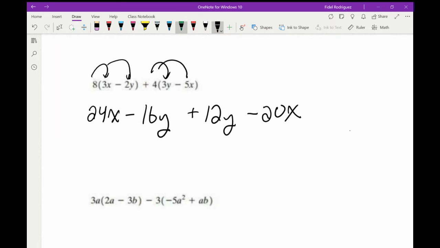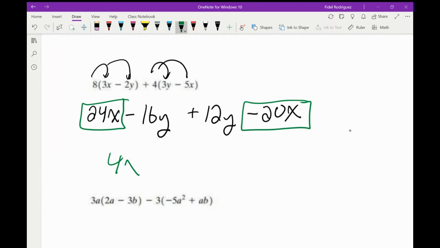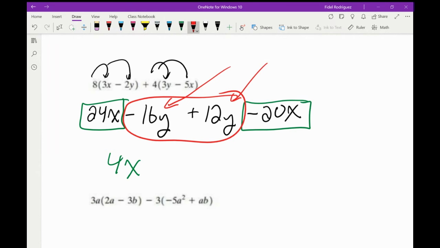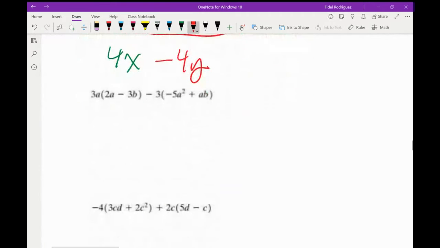And then now I'm just going to worry about combining my like terms. So I have a plus 24 and a minus 20, and that's going to leave me with a 4x. And then if I look at these parts here, I owe you $16 and I only have 12, so I'm still going to owe you 4, okay, with the y.